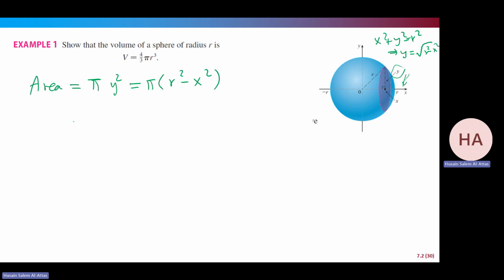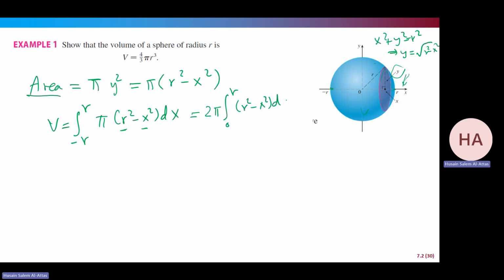And the volume from where to where? From minus r to r of this area, all the way, it will go like that. Pi times r squared minus x squared dx. Let me do the calculation. I know r squared is just a value, so this is an even function. So it will be 2 pi, from 0 to r, of r squared minus x squared dx.